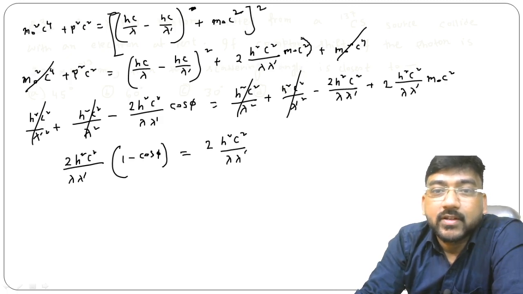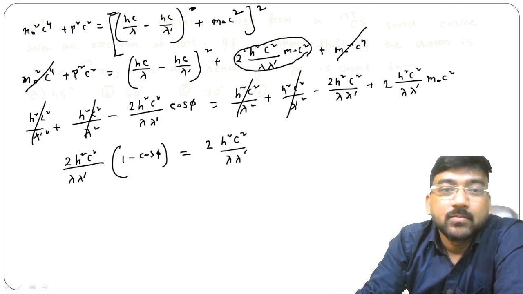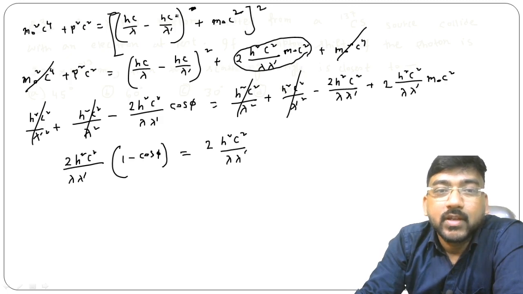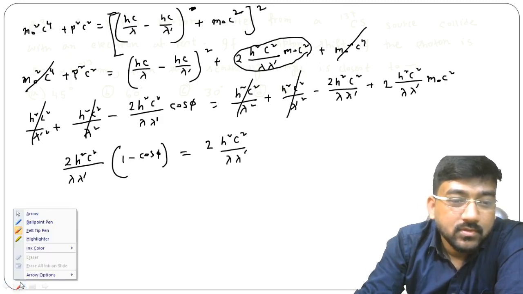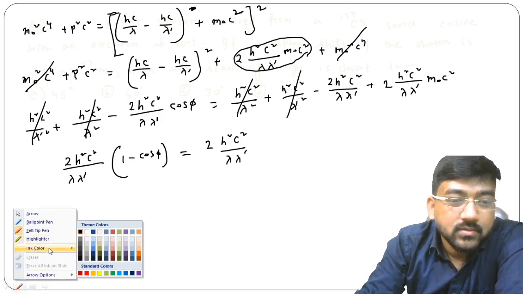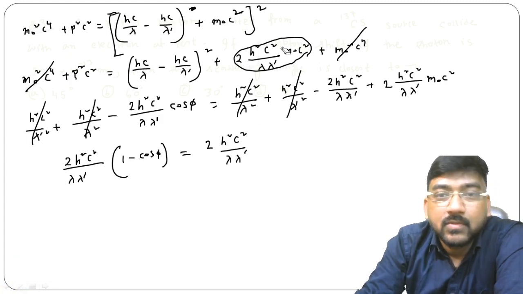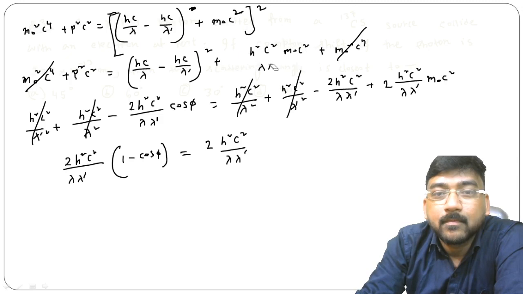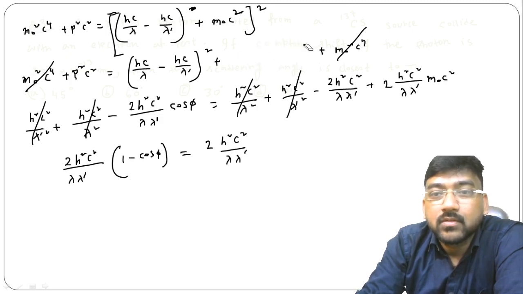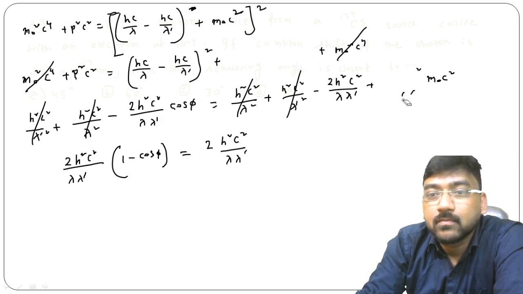Because this is 2ab and a is hc upon lambda minus hc upon lambda dash. So we cannot write this term, so this term is wrong.